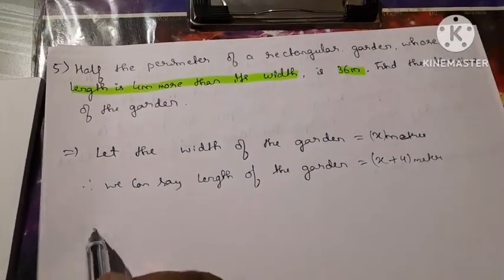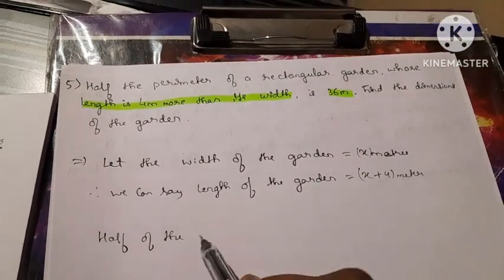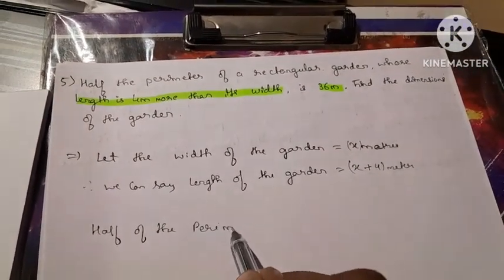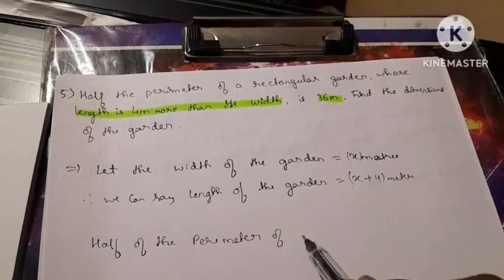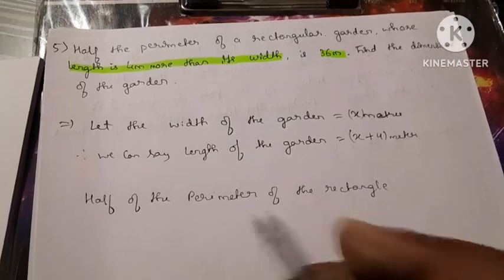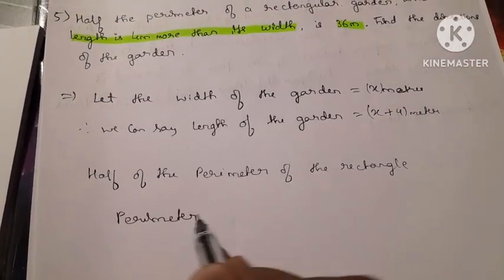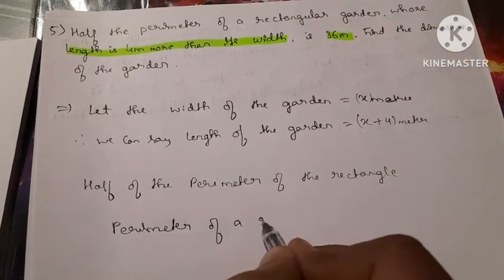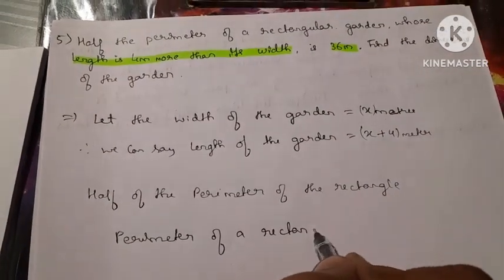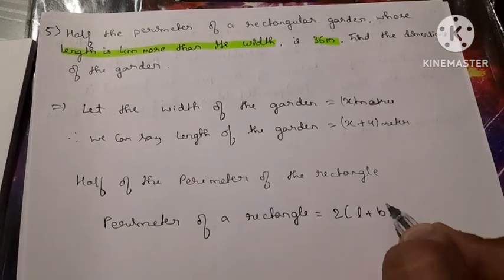Now they have said that half of the perimeter of the rectangle is 36 meters. We know that perimeter of a rectangle is equal to 2 into length plus breadth.